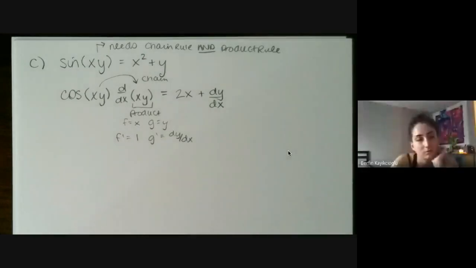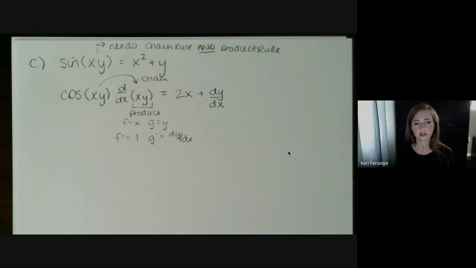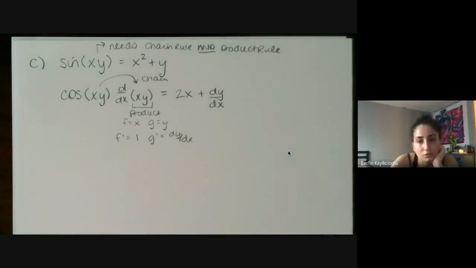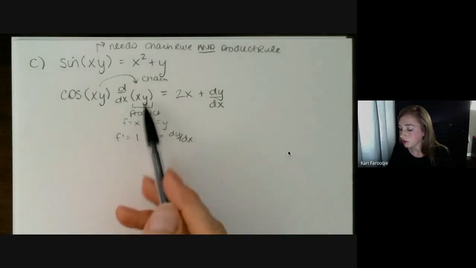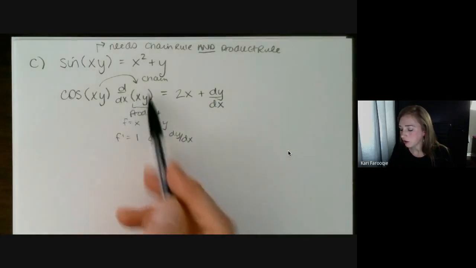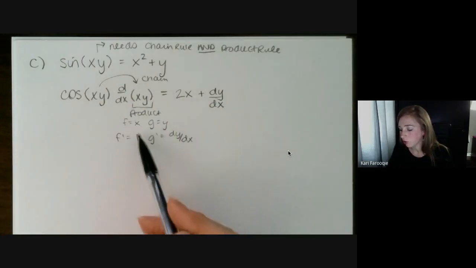I have a question. Yes, go ahead. Why is it not 1 for x? Say that again? Did you do like the derivative of x as y? Oh, so I'm just looking at this product, and taking the derivative of x is always going to be 1.